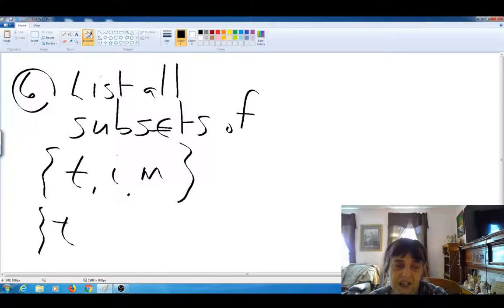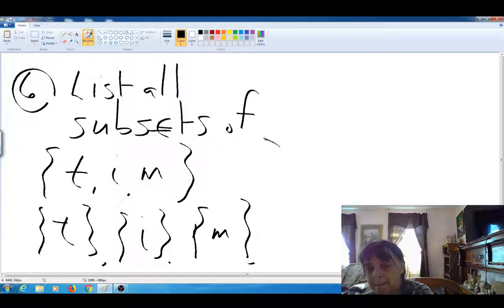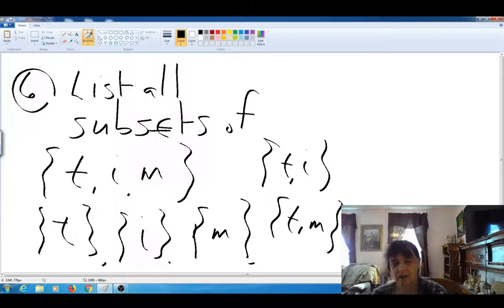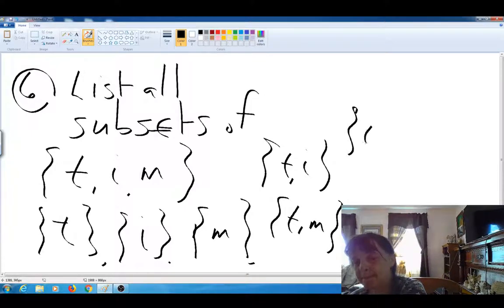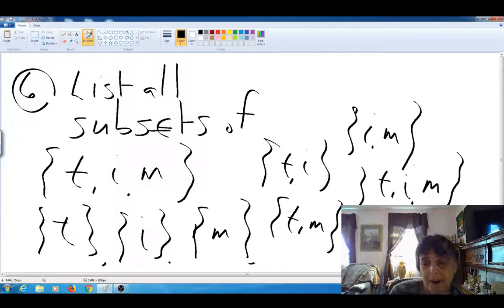You have the set T, you have the set I, you have the set M, you have the set TI, the set TM, the set IM, and then TIM, because every set is a subset of itself, and then you have the empty set. Okay, remember, every set is a subset of itself, and the empty set is a subset of every set.